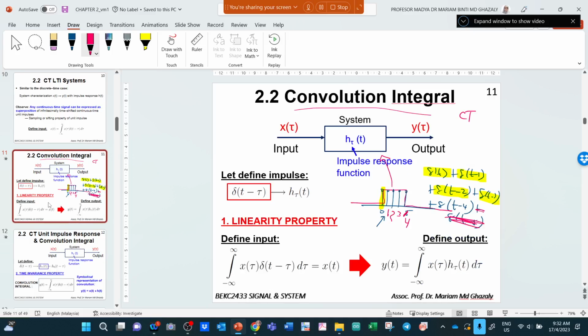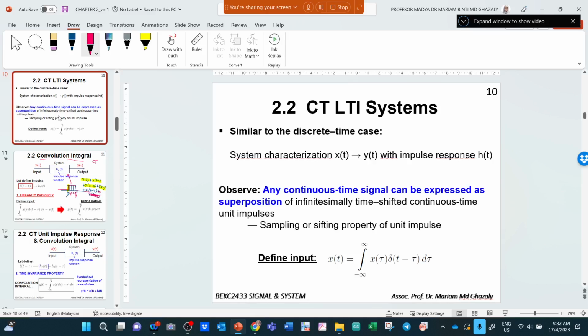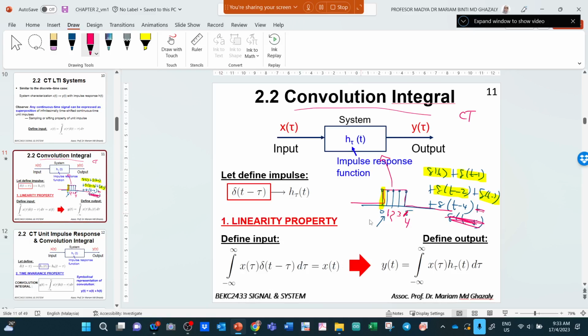Where were we? Here. The definition of x(t) is x(tau) times delta. For the convolution integral, your objective is to get the output. Normally we will not give the output and ask to find h or x, that is too complicated.